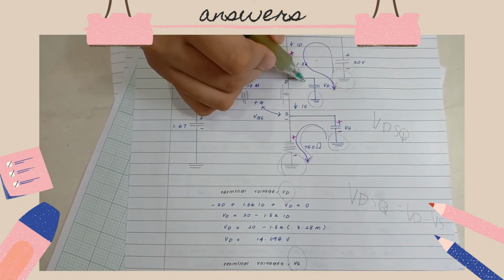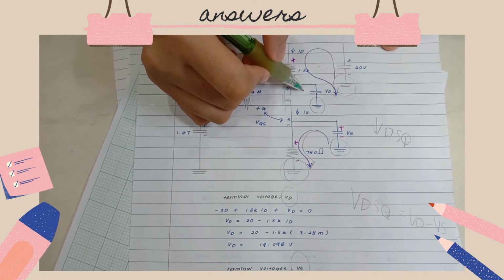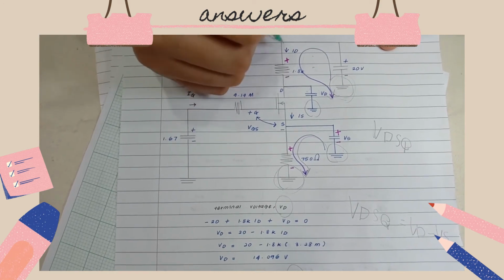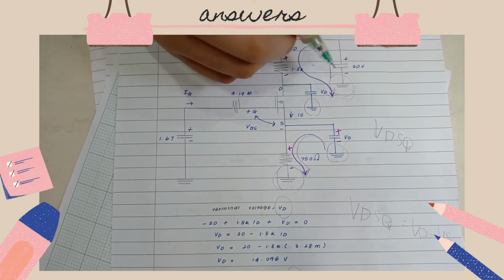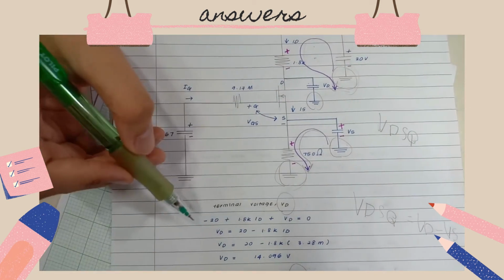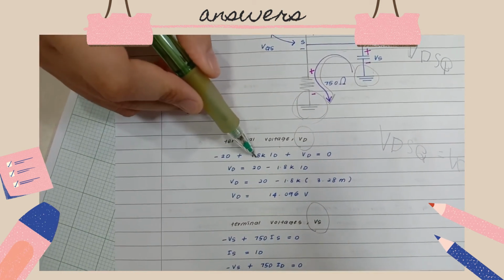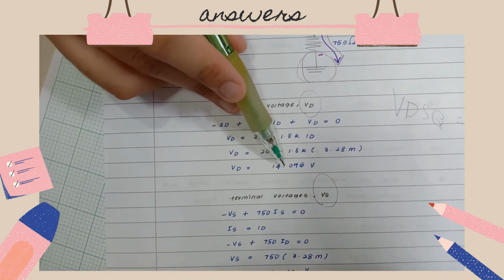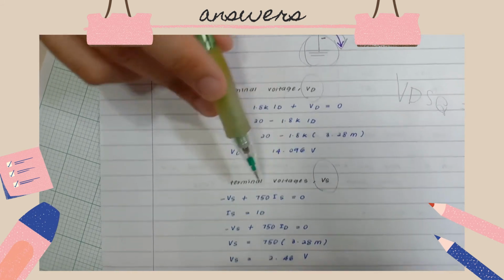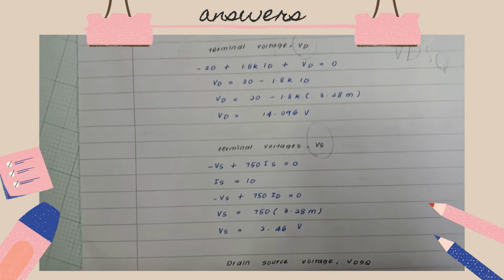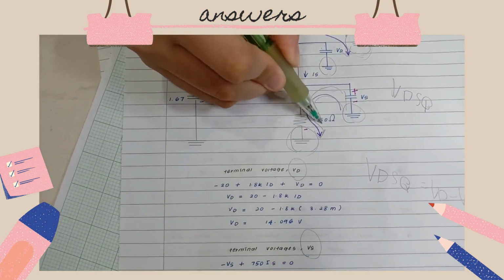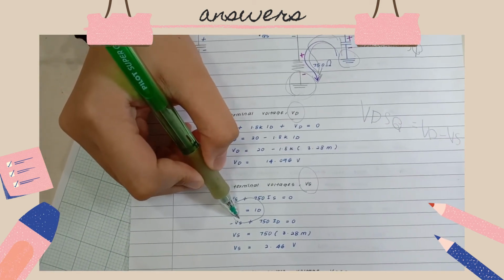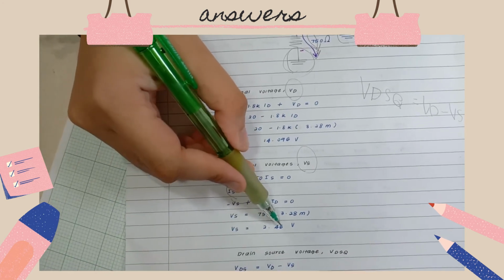So from this KVL at this loop, we can make it simple by add the plus minus symbol at each component to make it easy to write the equation. So for VD, it is negative 20 volt plus 1.8 K ID plus VD, and we will get the value for VD is 14.096, and for VS, it is negative VS plus 750 IS, which is IS equal to ID, and we will get the value for VS is 2.46 volt.